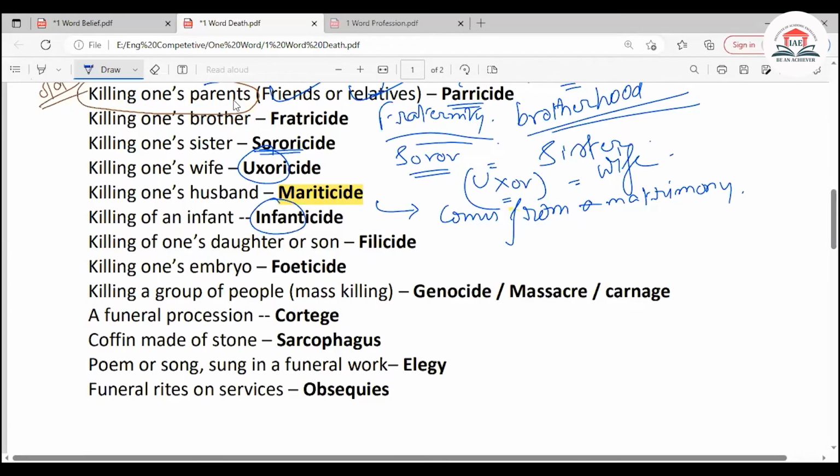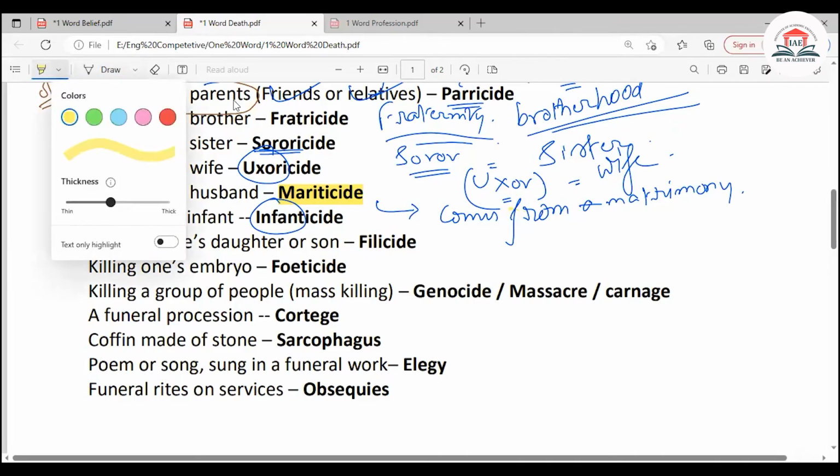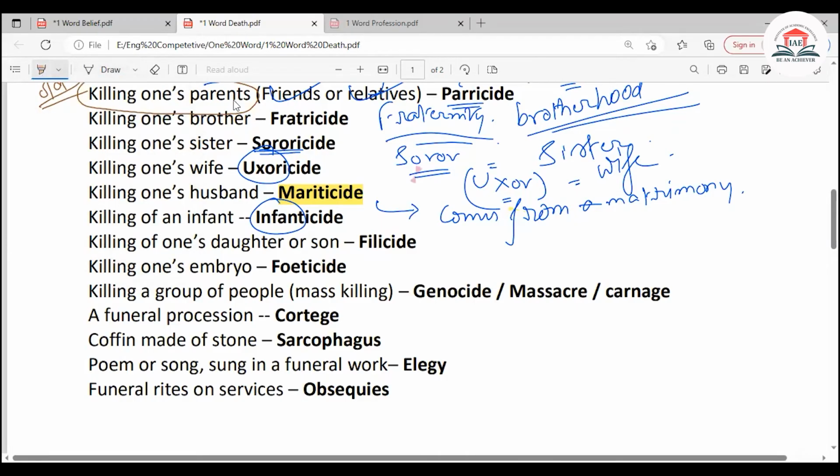See, here's a thing which is missing. Killing of an infant, infanticide.